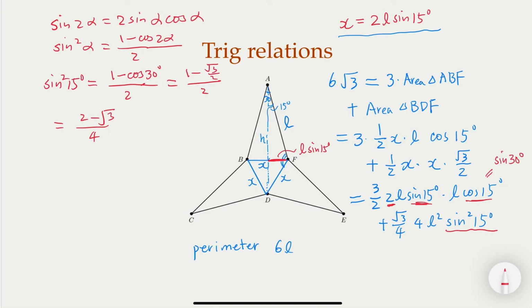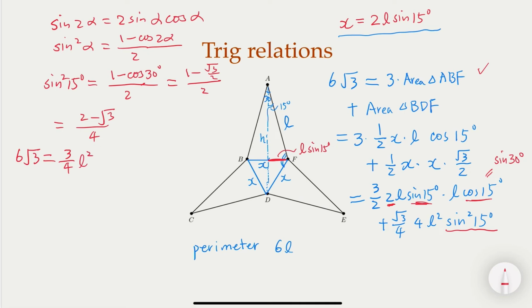This equation on the right, let's rewrite it. We know that 6 square root of 3 equals, for the first part, sine 30 degrees is 1/2, so you plug in and get L squared.